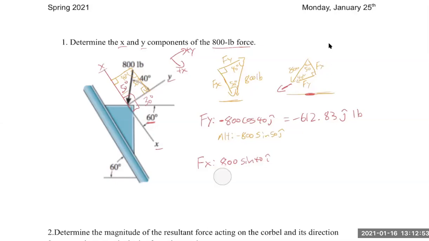And the alternative would be negative 800 cosine of 50, and that's when you use this triangle for analysis.